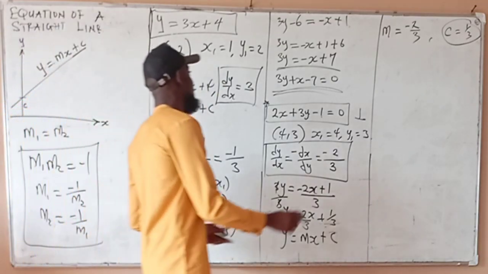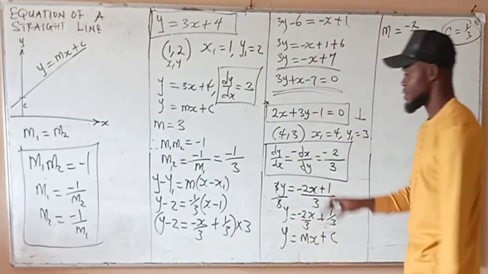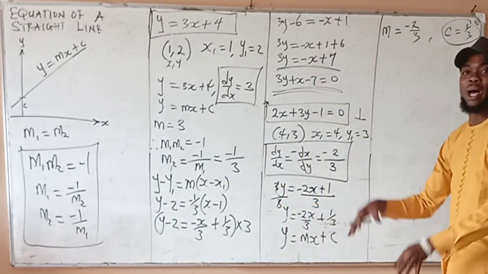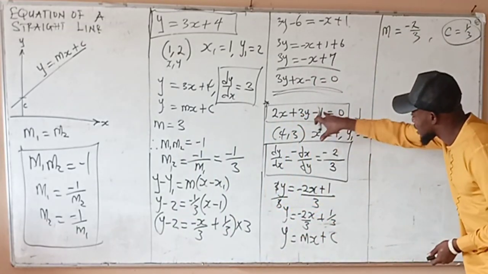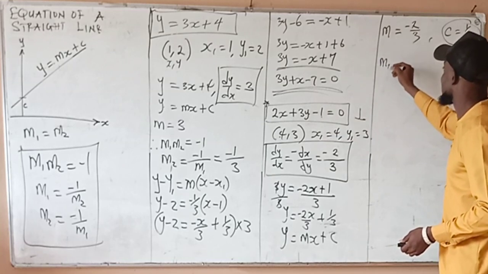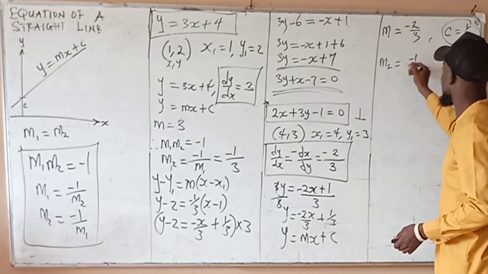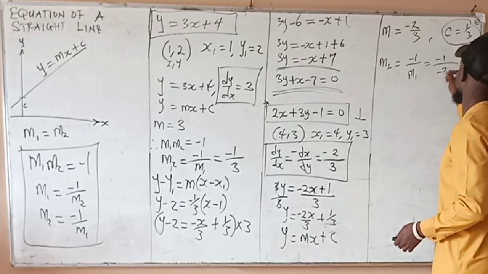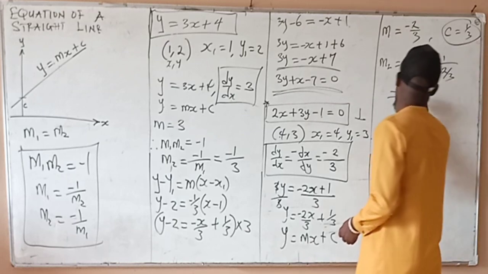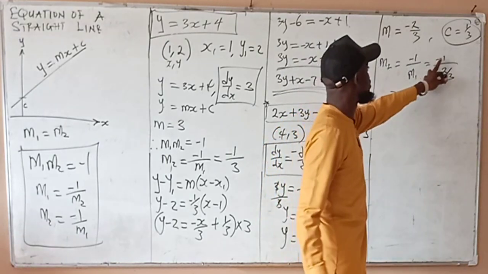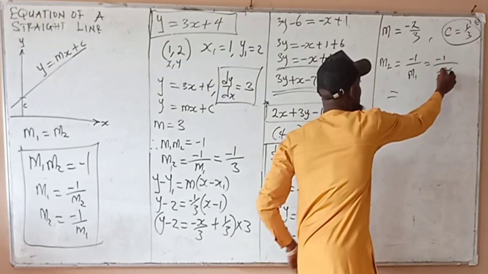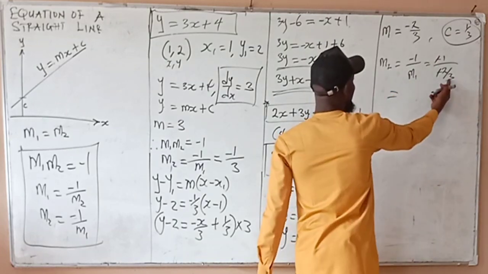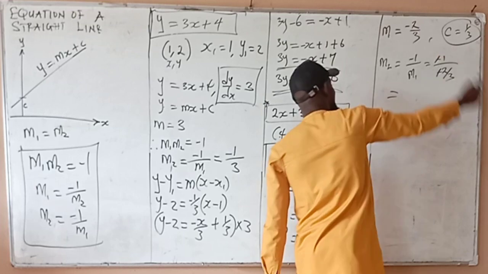So the next thing, remember, this is the gradient of this particular line. So what is the gradient of this one now? We are going to look at what is perpendicular to this one. The gradient of this second line we are looking at now will be minus 1 over the gradient of the first one, which is minus 1 over minus 2 over 3. Now, minus 1 over minus 2 over 3, you cancel the minus signs. Then this denominator will go and multiply the 1 in the numerator.